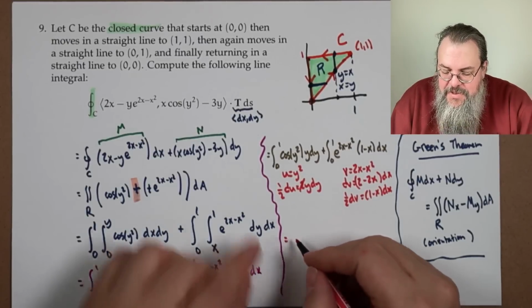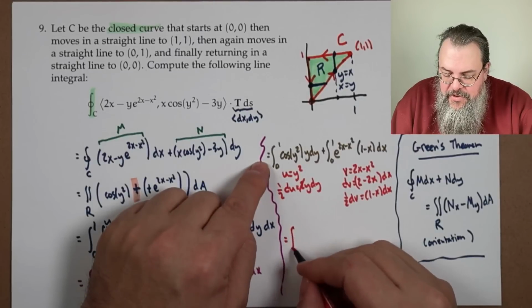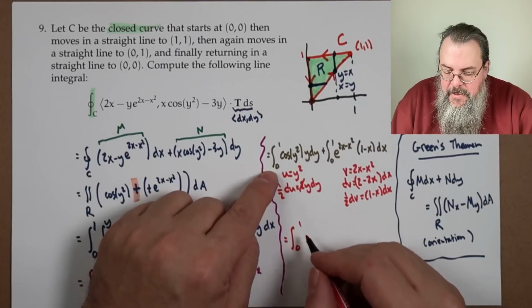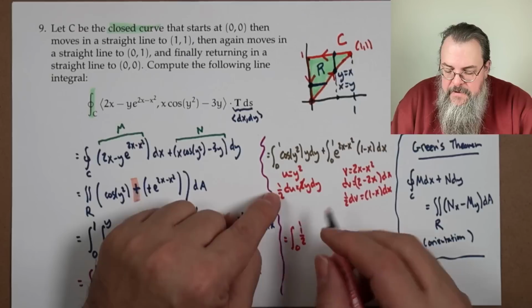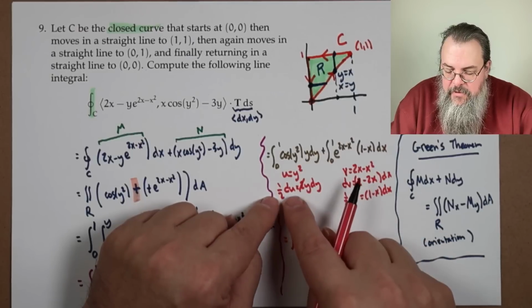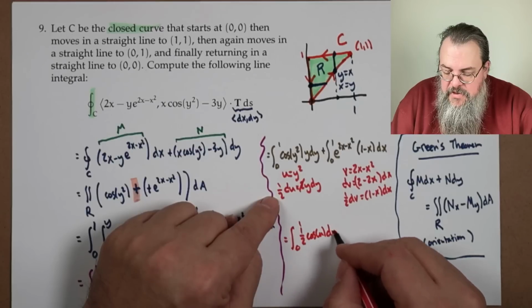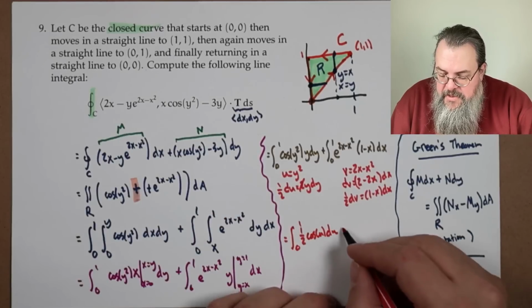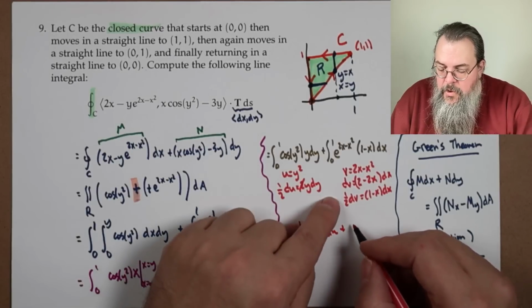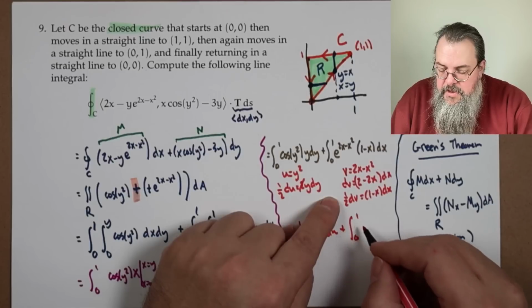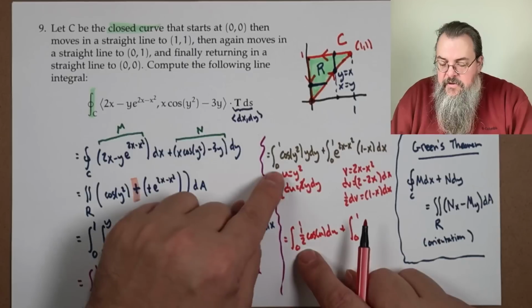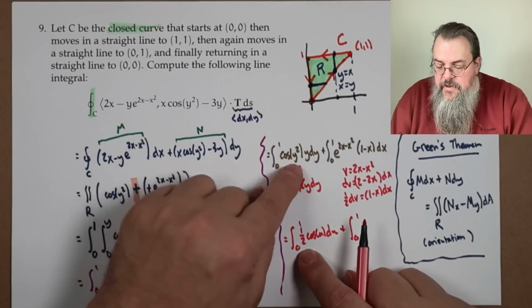So this becomes first integral, 0 to 1 of 1/2, y dy has a 1/2, cosine of u du, plus integral 0 to 1. Now, why is it 0 to 1? 0 squared is 0, 1 squared is 1.